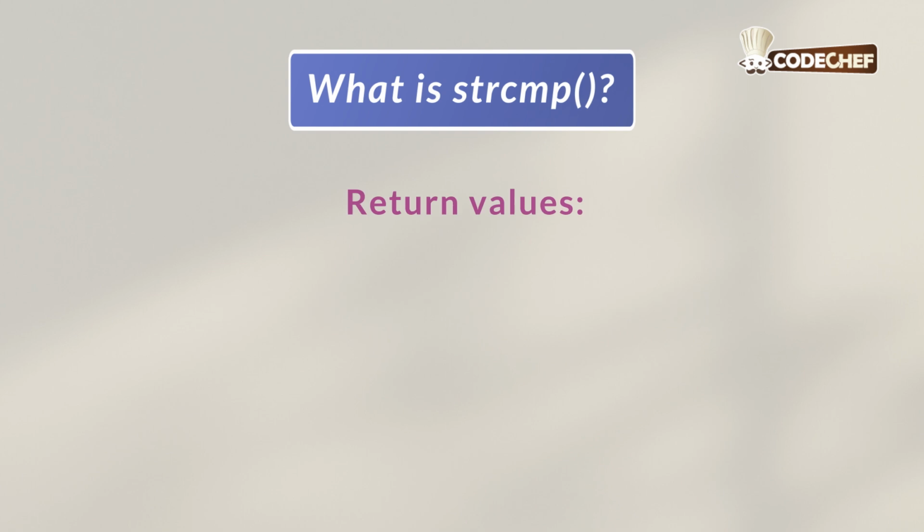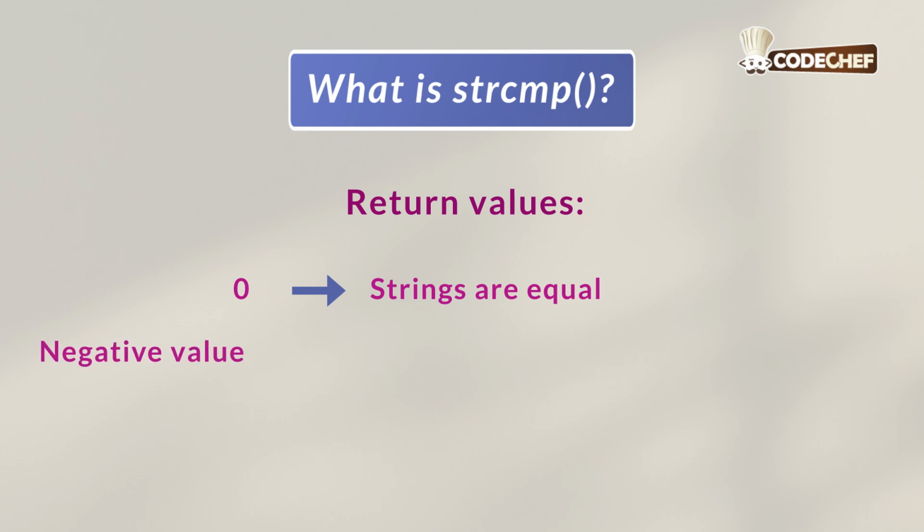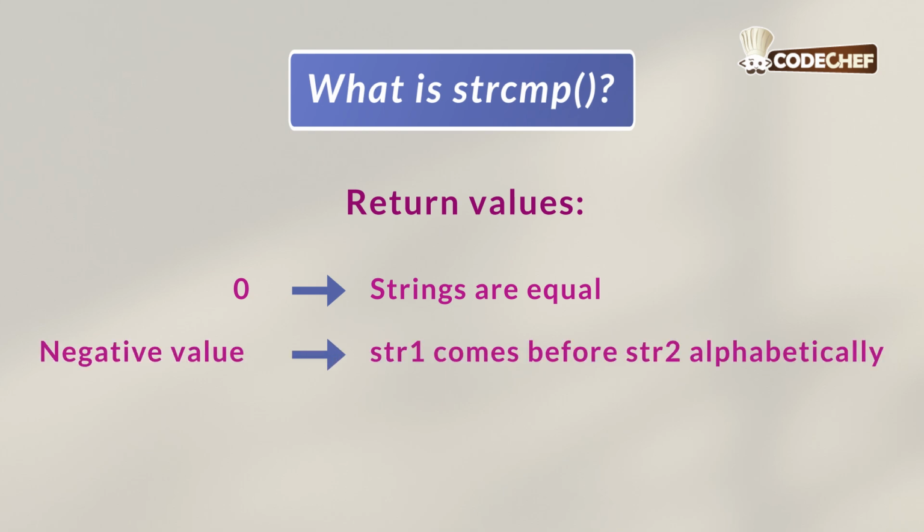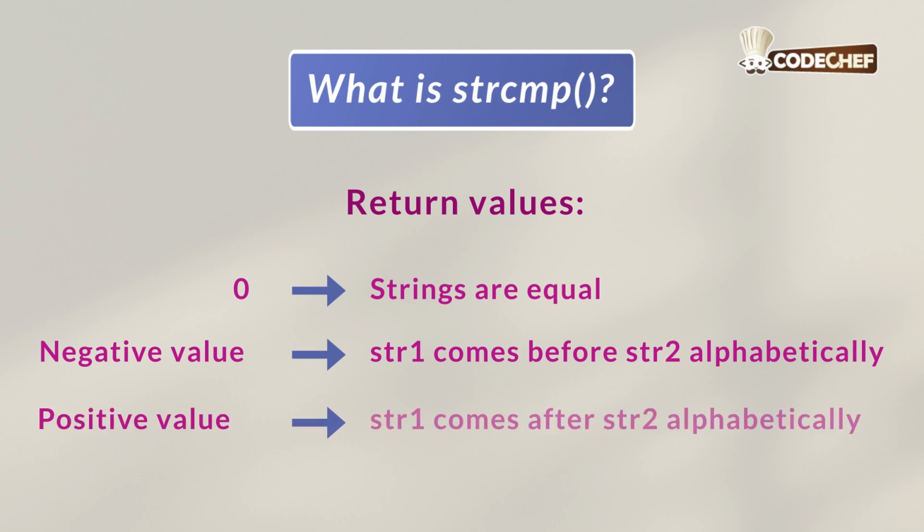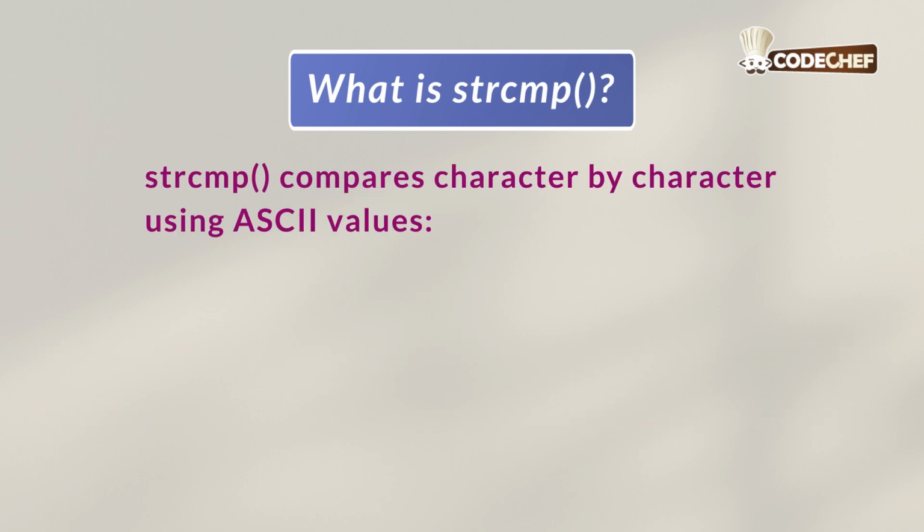The return value is: if it returns 0, the strings are equal. A negative value means string1 comes before string2 alphabetically, and a positive value means string1 comes after string2 alphabetically. strcmp compares character by character using ASCII values.